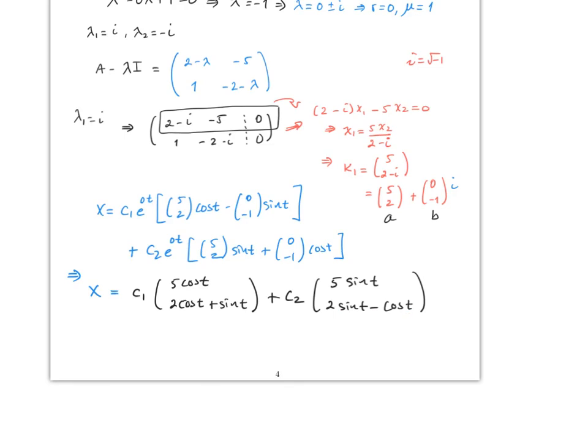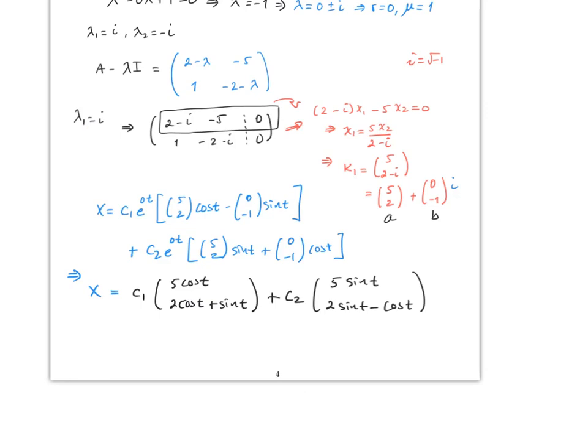Also, notice here how we only actually find one eigenvector, and the eigenvector has the two parts you need, the real part and the imaginary part. So you don't have to find two separate eigenvectors. We only use lambda 1 equals i.